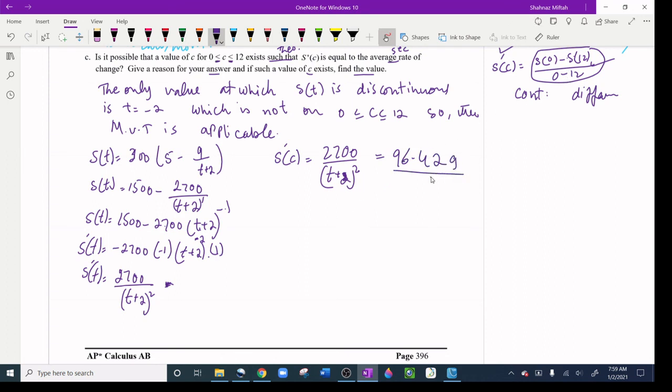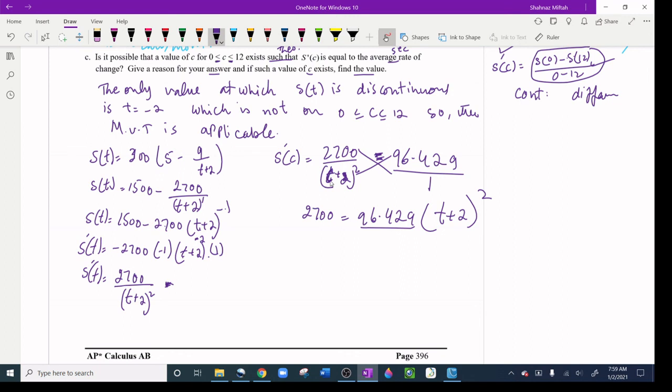Now you can put a 1 here, and I told you guys when you have two fractions on both sides of the equal sign, make sure you use proportion and cross multiply. 2700 times 1 is 2700, equals 96.429 times c plus 2 whole squared.